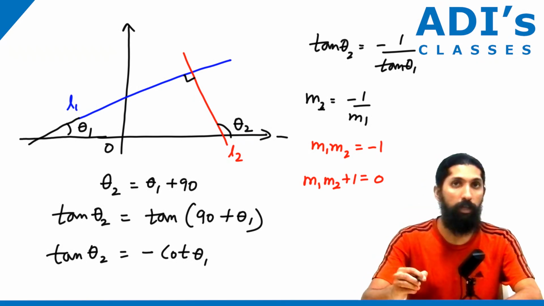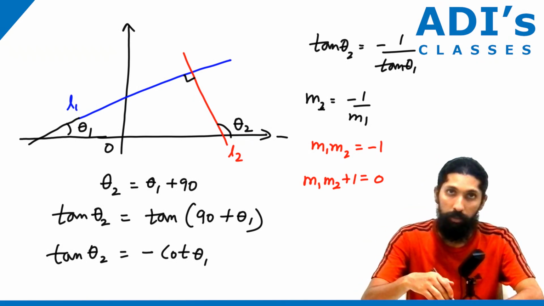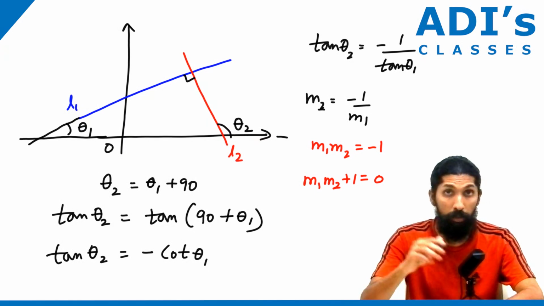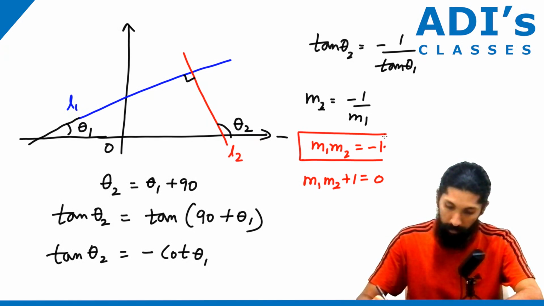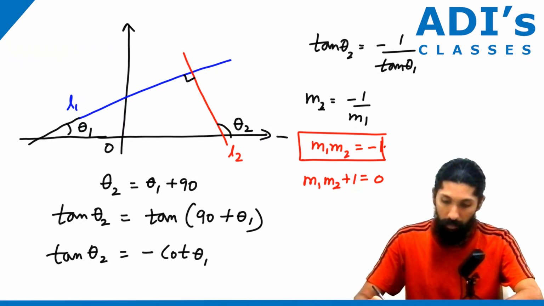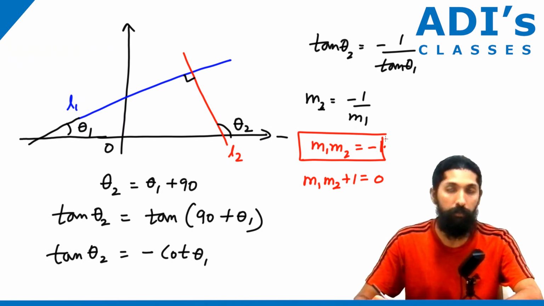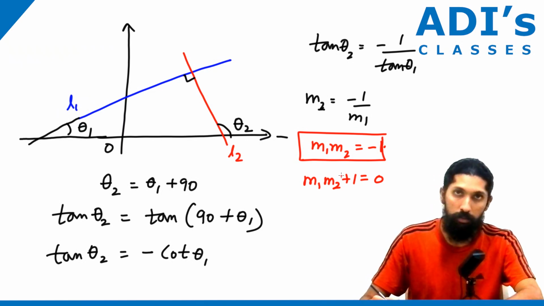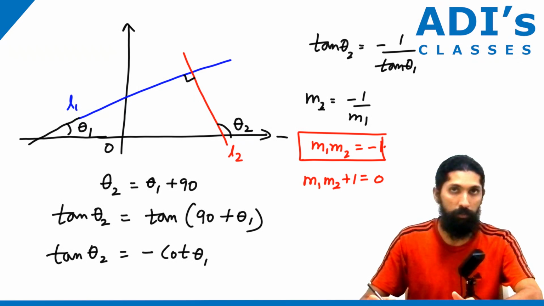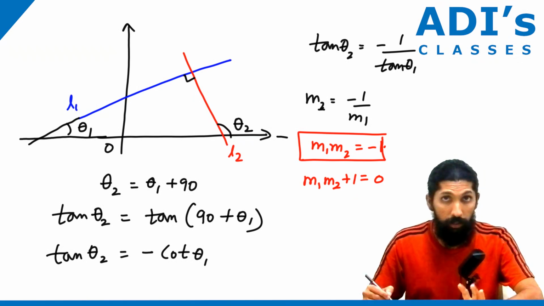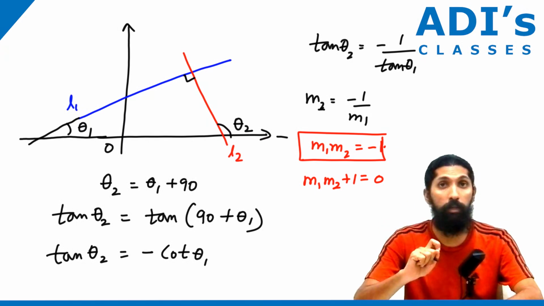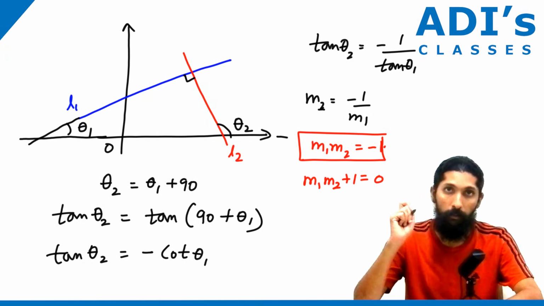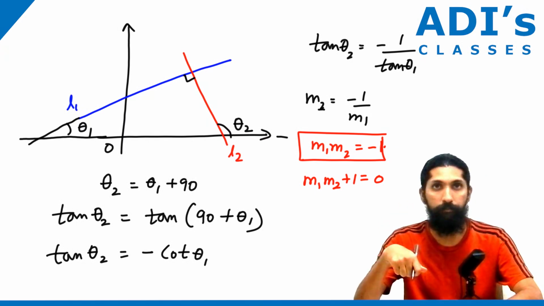So if two lines are perpendicular to each other, then the product of their slopes is -1, or you can also say M1 M2 plus 1 is equal to 0. So this is the condition for two lines to be perpendicular, or we also can call it orthogonal. Orthogonal is nothing but perpendicular.